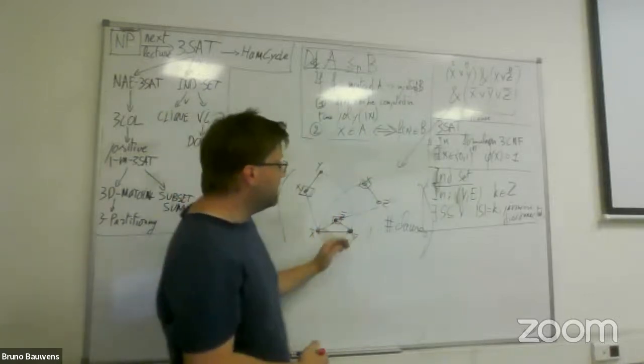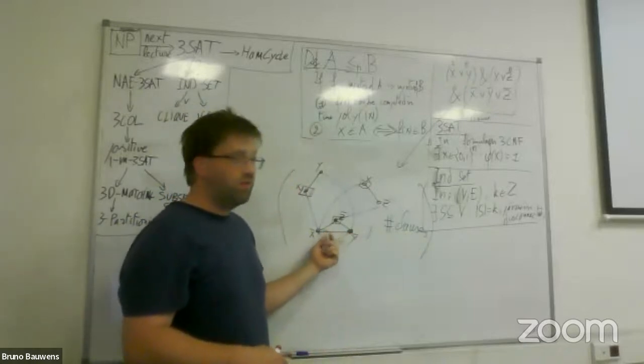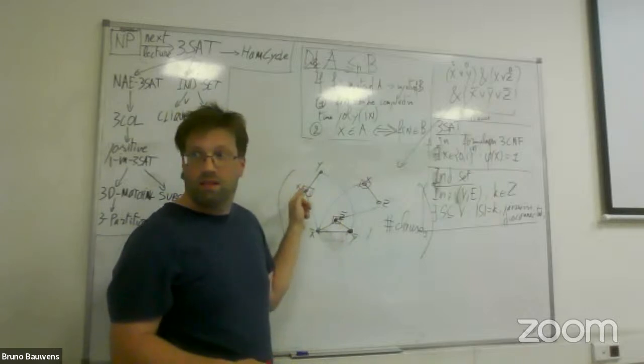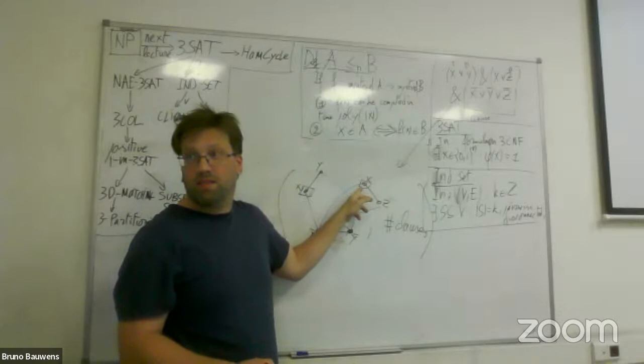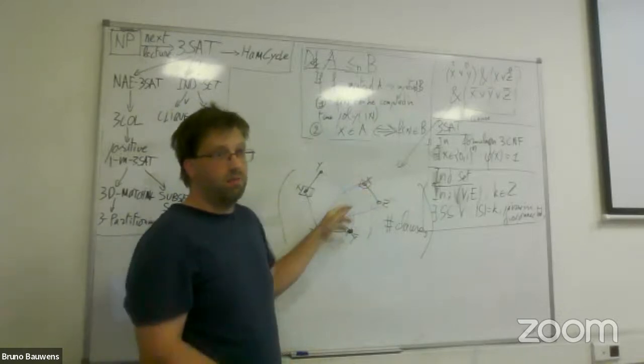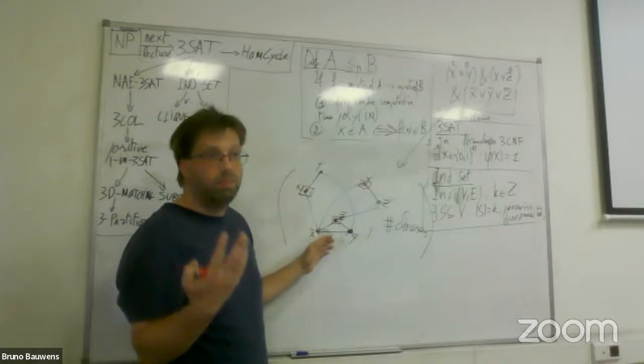So imagine an independent set exists, then it must have a vertex from each clique. Imagine that there is a clique that does not have a vertex, then some other clique must have two vertices, but that is impossible because it's an independent set.